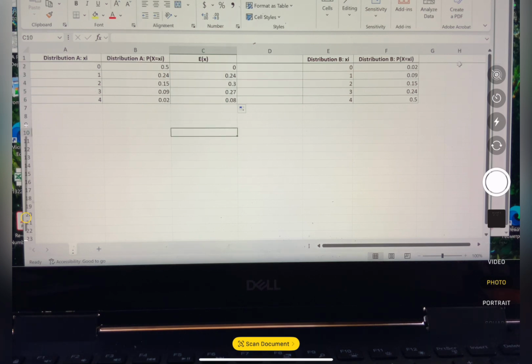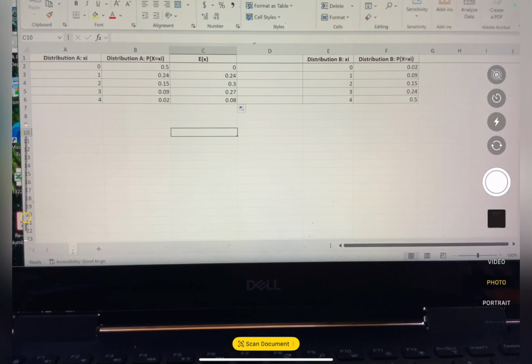So the same thing I can do here. So this is going to be my probability of x, and I will do equal this times this probability, okay, and drag it down.